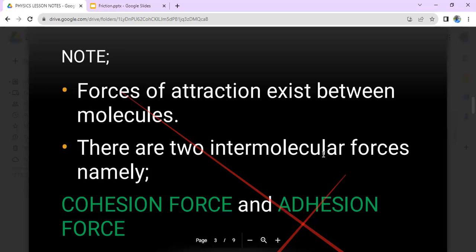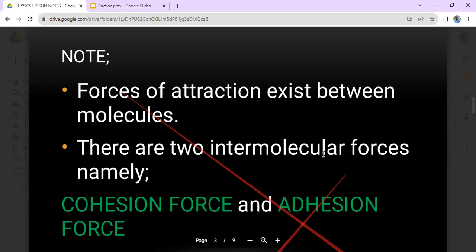Now, if we have forces of attraction that exist between molecules, these molecules can either be of the same kind, meaning of the same type, or they can be of different types.